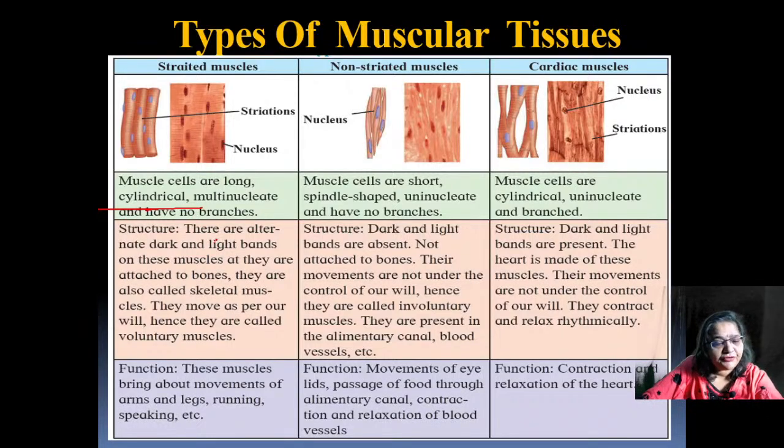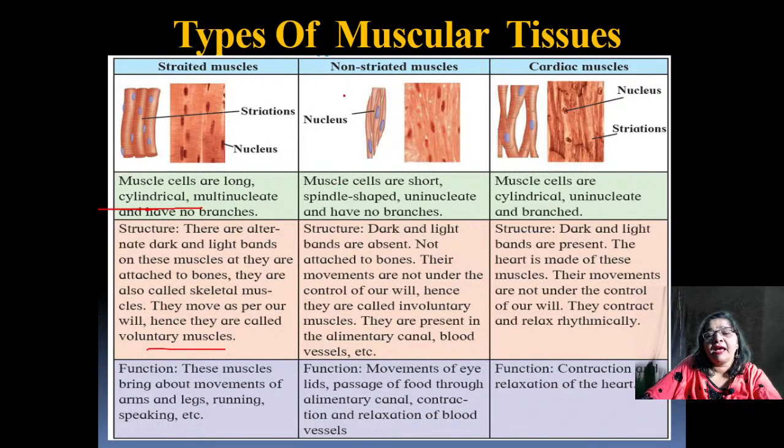If you see the structure of the cells, there are alternate dark and light bands on these muscles, and they are attached to the bones. They are also called skeletal muscles because they are attached to the skeleton, and they move as per our will. That is why they are also called voluntary muscles.